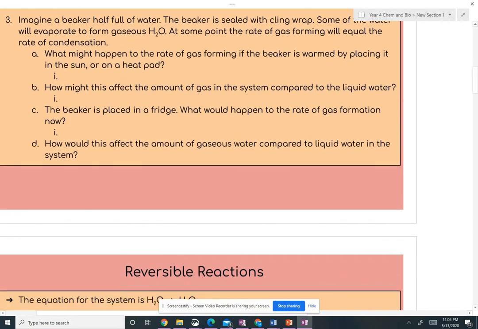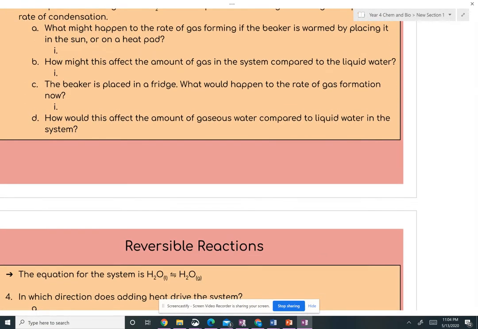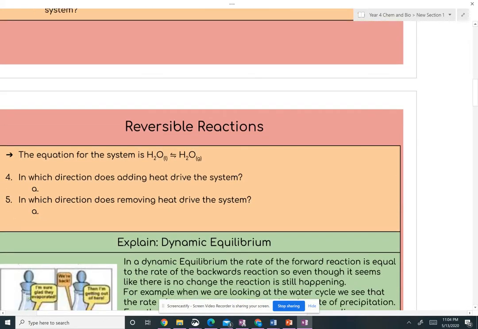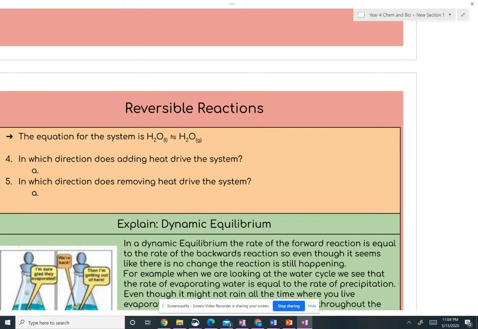Again, you have to remember that stuff can't be created or destroyed, which means you're going to start and end with the same amount of water if you put a lid on it. If you don't put a lid on it, then you lose it to the universe, but it's still in the universe somewhere. Okay. So yeah.